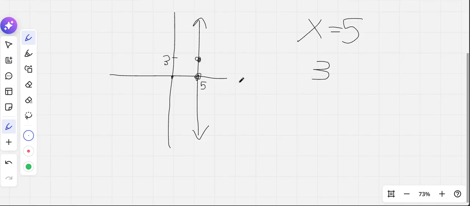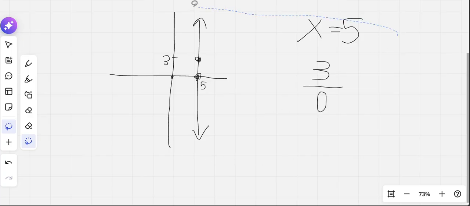It didn't shift over the x-axis, so it's 0. So 3 divided by 0 is impossible. Whenever 0 is in the denominator, or 0 is the divisor, the answer is always going to be undefined, because you can't physically divide by 0. So that's what undefined slope is.